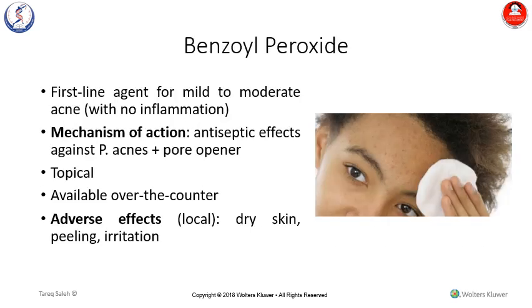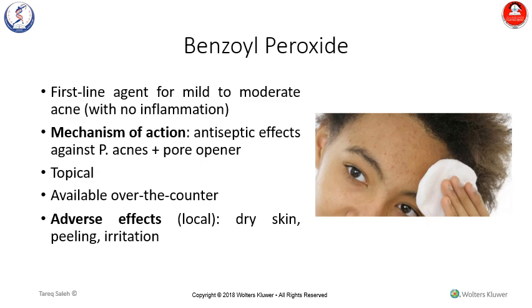In addition to retinoids, there are several other drugs that are also useful for the treatment of acne, and these are usually more frequently used for the treatment of mild to moderate acne. Of these drugs, benzoyl peroxide is considered the first-line agent for mild to moderate acne that is not complicated by severe infection or inflammation.